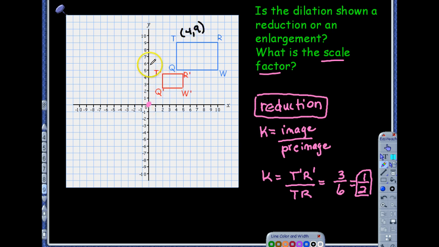And then T prime, we know it's 2, and it looks like it should be 4.5. Going from image to pre-image, 2 to 4, that's 1/2 as well. Why would that be nice? If I give you a figure that is not something easy to just count, instead of having to use a distance formula. So giving you other strategies. Different ideas. It's just up to you.